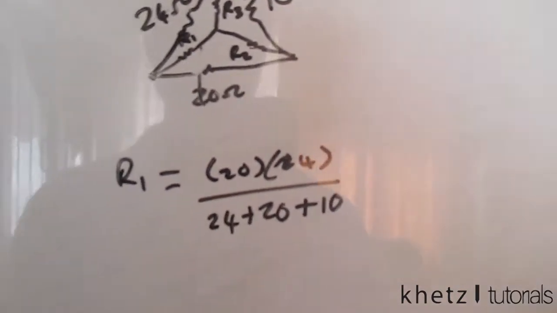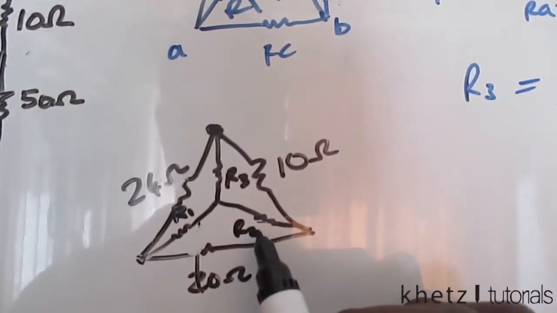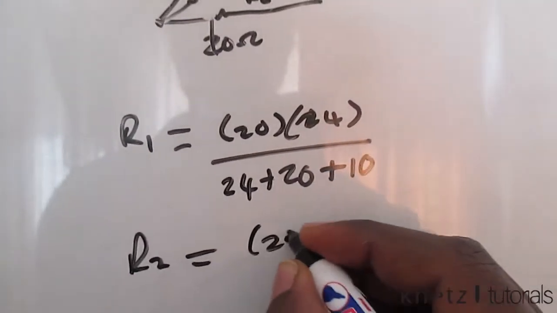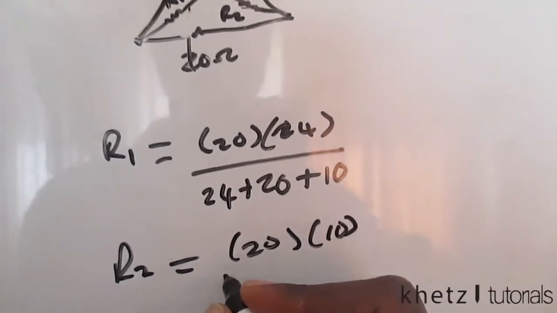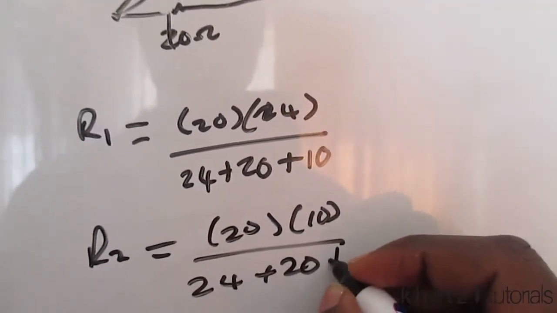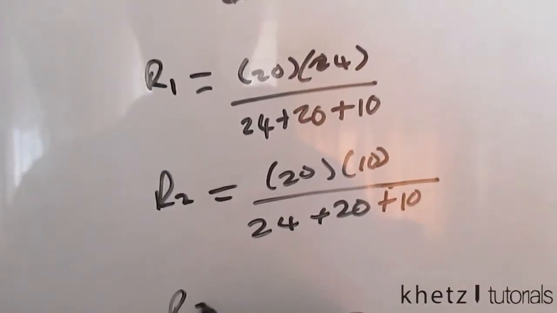And R2 is over here, so it's between 20 and 10, and we divide by the same thing, all the resistors in the delta network. Finally, we have R3, which is over there.